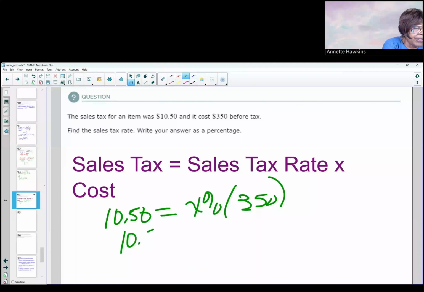So 10.50 equals, now anytime our variable is a percent, we need to put a 1 here. And then we move the decimal 2 places to the left. 1, 2.